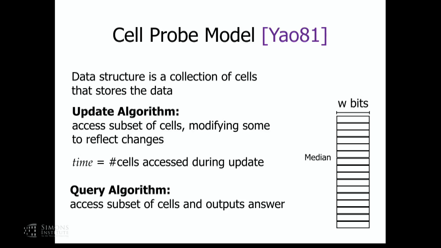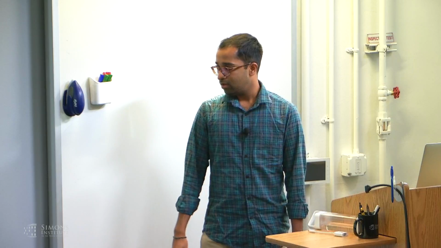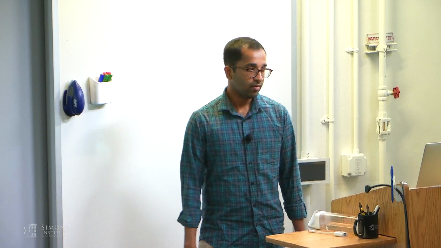In this case, you can think of median computation, which is a query. You again read a sequence of cells and then output the answer. The time again here is the number of cells that are accessed while outputting the answer. Okay, so hopefully that's clear.